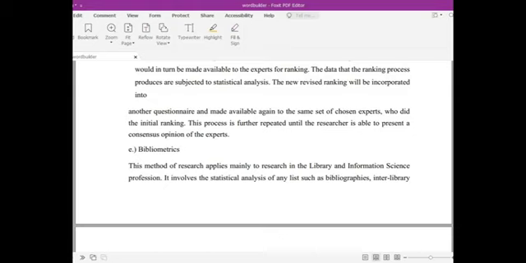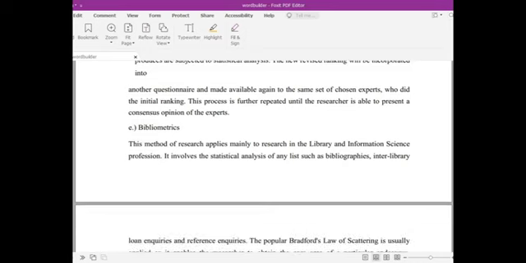E. Bibliometrics. This method of research applies mainly to research in the library and information science profession. It involves the statistical analysis of any list, such as bibliographies. Bibliographies are a detailed list of all the sources cited in the research.